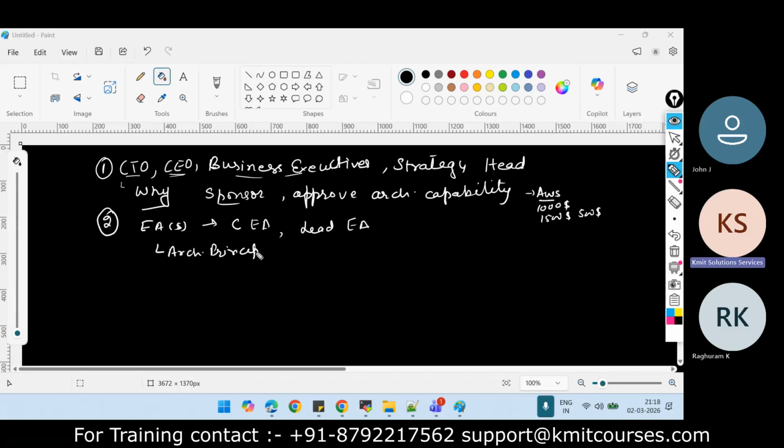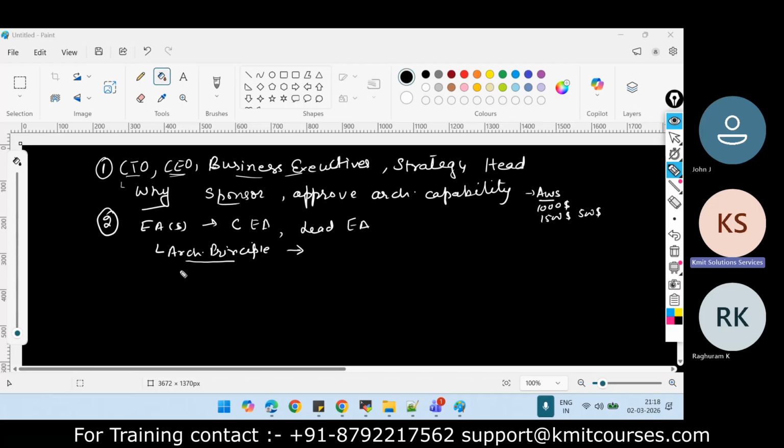And we have discussed statements, implication, rationale, right? All these things are defined by the enterprise architect. So they are defining, okay, this will be the architecture principles, and this will be the statement, this will be the rationale, this will be the implication.